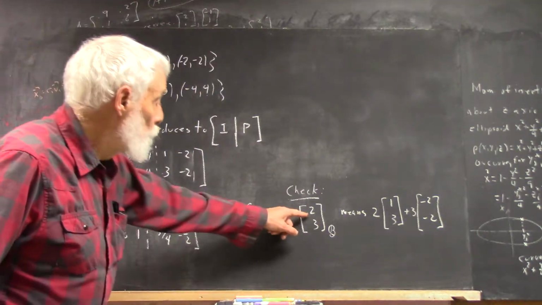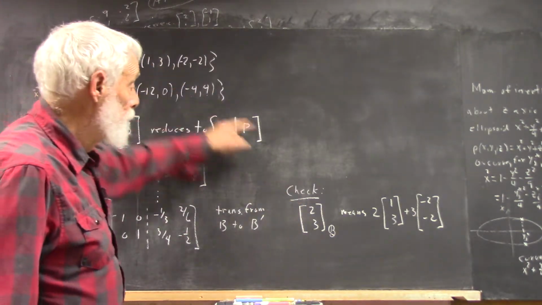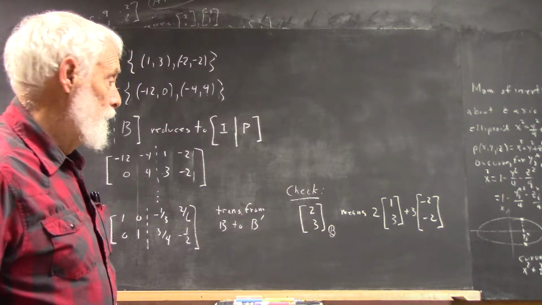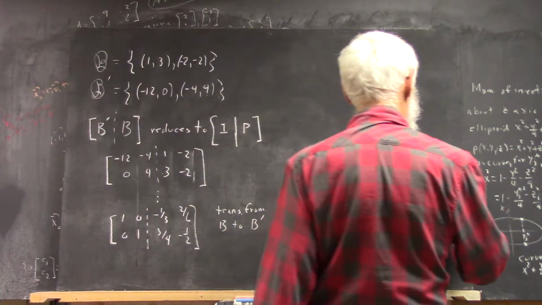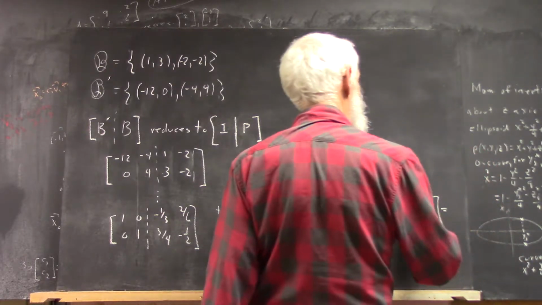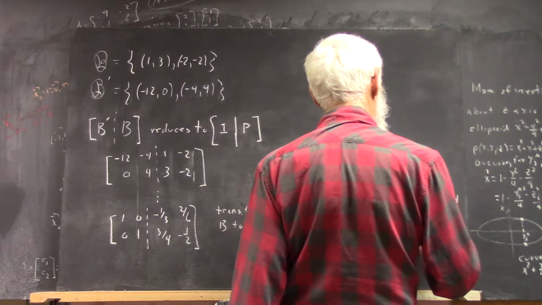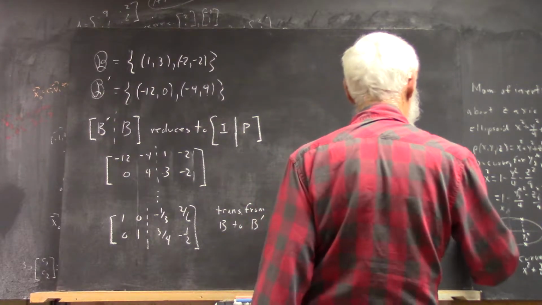It means 2 times the first vector in your basis plus 3 times the second vector in your basis. And the arithmetic is easy, so I'm going to screw it up, so check me. But it's going to be 2 minus 6, which is negative 4, and 6 minus 6, which is 0.